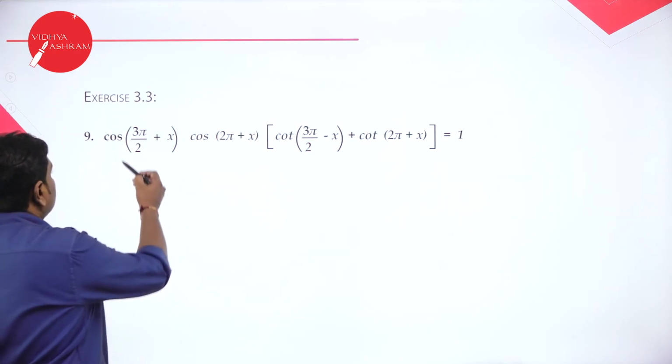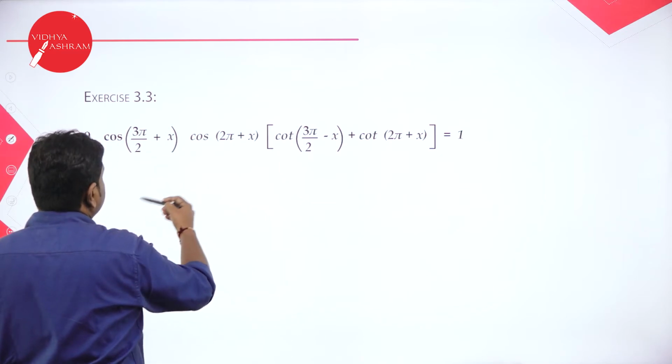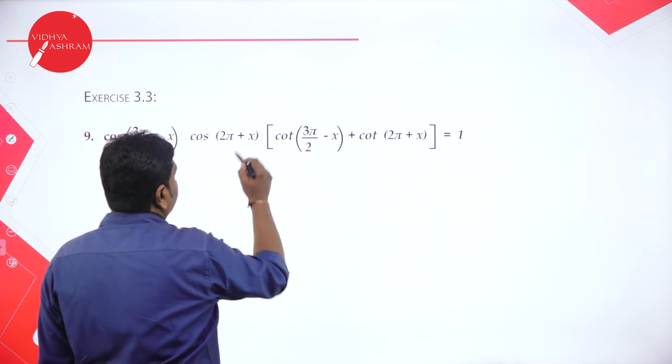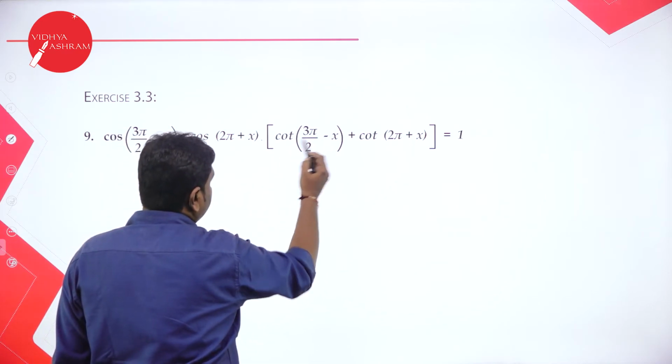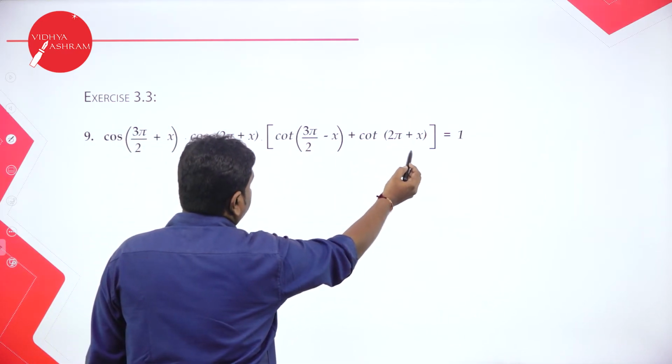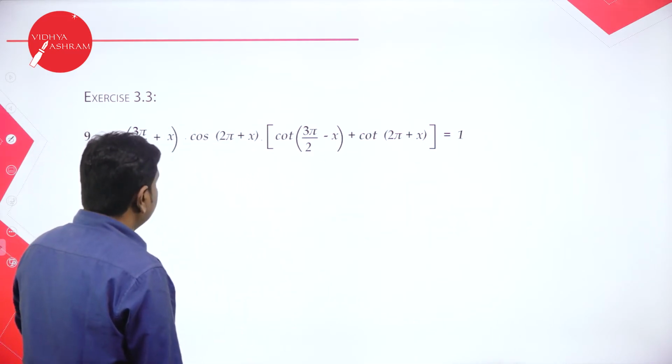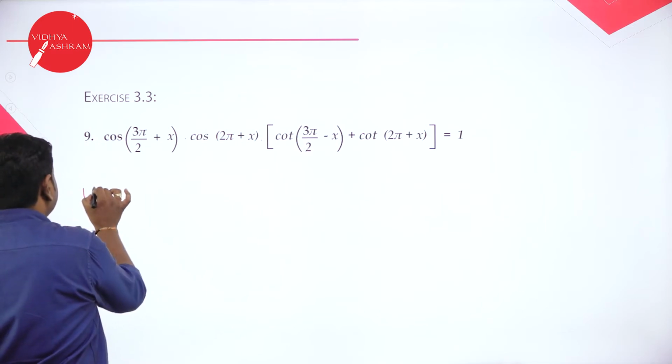Next, cos of 3 pi by 2 plus x into cos of 2 pi plus x into cot of 3 pi by 2 minus x plus cot of 2 pi plus x. We need to prove it as 1. So here use allied angles. We'll take LHS.